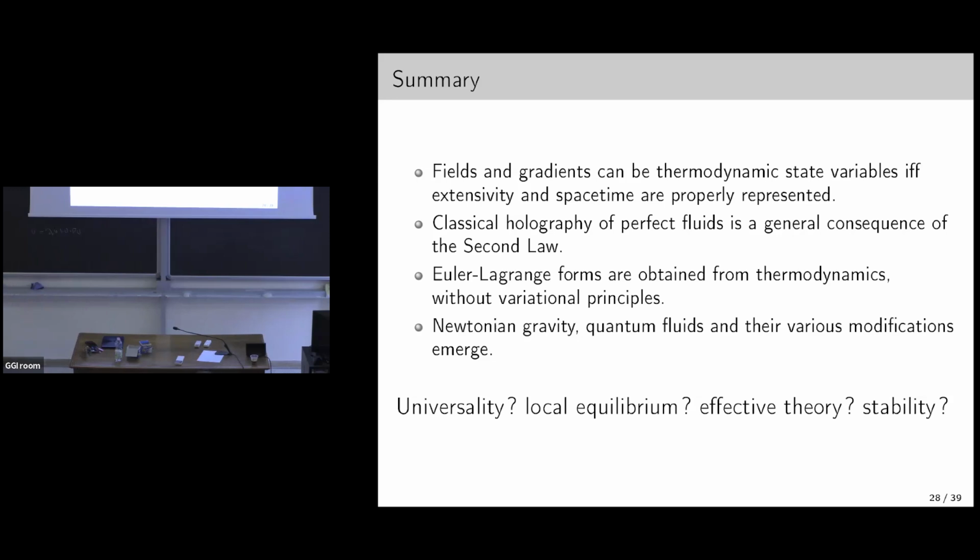The classical holography, the mentioned property, was an emergent consequence of the second law. It is a general consequence, very surprisingly. Different Euler-Lagrange form equations appeared in the scheme without variational principles, also interesting. And Newtonian gravity, quantum fluids, and the not mentioned various modifications emerged.